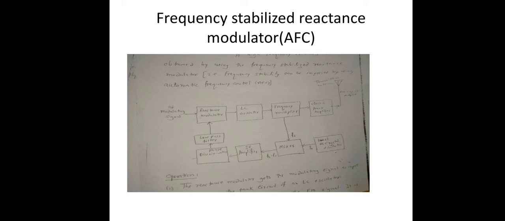It operates on the tank circuit of the LC oscillator, and the output of the LC oscillator is the FM signal, which is passed through the frequency multiplier and then applied to the class C power amplifier, which drives the transmitting antenna.